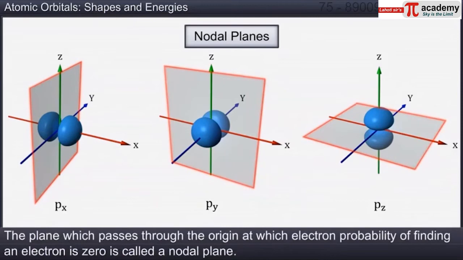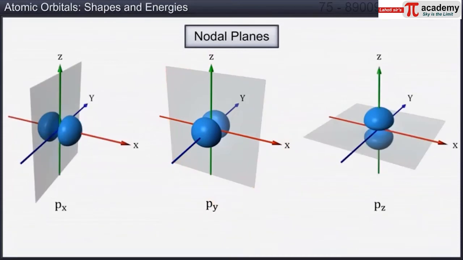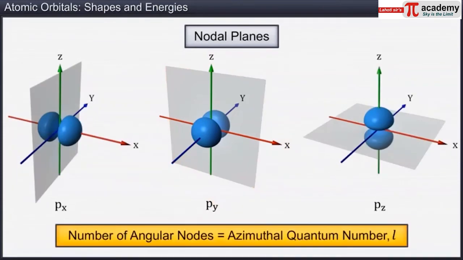That is, the plane which passes through the origin at which the probability of finding an electron is 0 is called a nodal plane. For example, the nodal plane for py orbital lies along xz plane. A nodal plane is also called an angular node, and the number of angular nodes for a p orbital is equal to the value of azimuthal quantum number l.